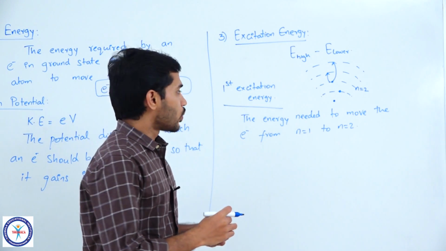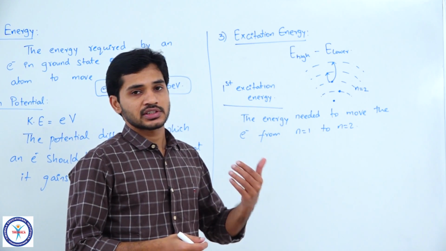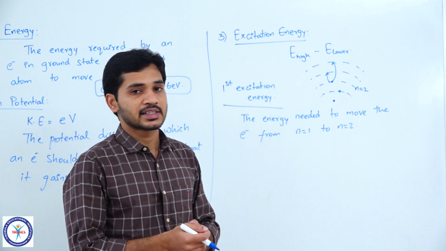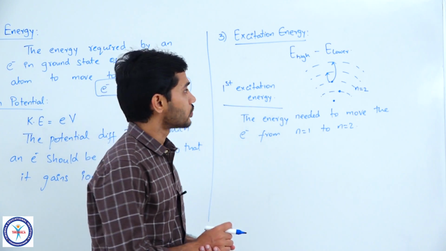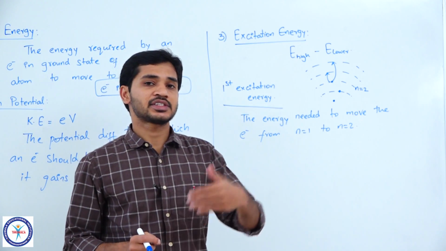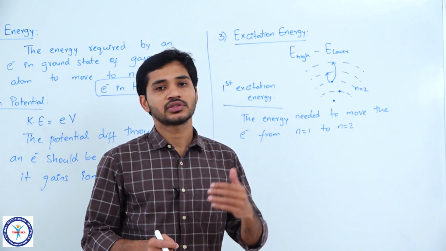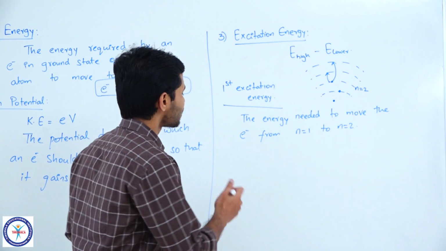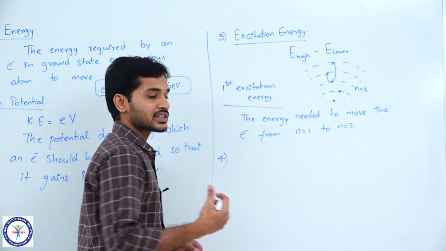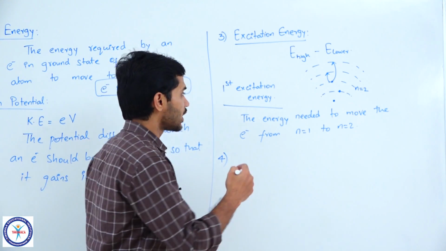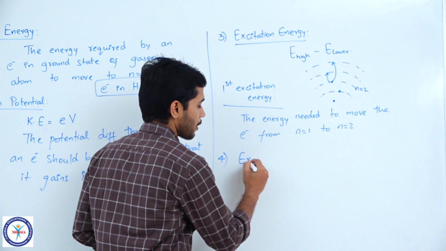That is how we define first excitation energy. Similarly, we can also understand second excitation energy and so on. Now, just like the earlier scenario, we can also define excitation potential.